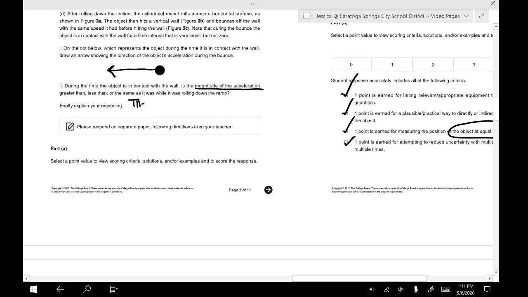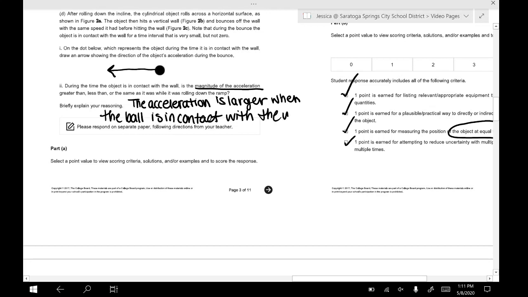So the acceleration is larger when the ball is in contact with the wall.